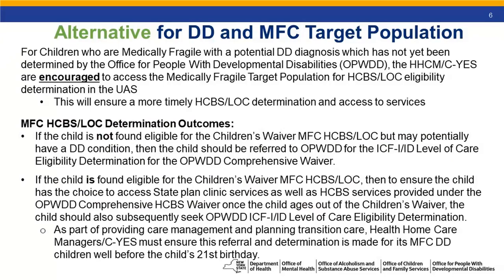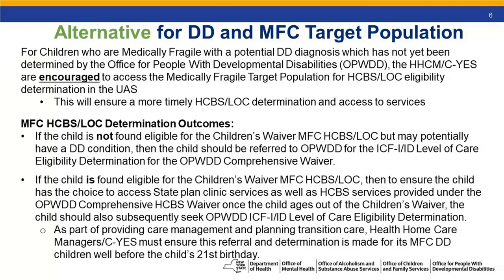So we want you, care managers in CS, if you have a child that is presented to you or was from the former Care at Home OPWDD waiver, that you go through the Med-Frag door. And when OPWDD goes through these processes, you'll see why they do have a process, and it does take a bit of time and materials. So we believe that going through the target population of medically frail would be more expedient for the family. Obviously, the family has choice, so you're going to be doing what they would like to do.